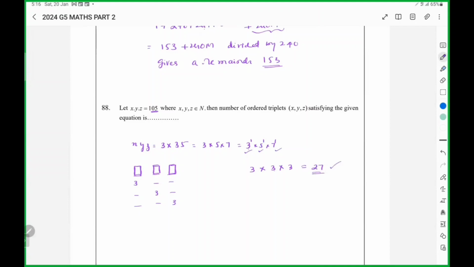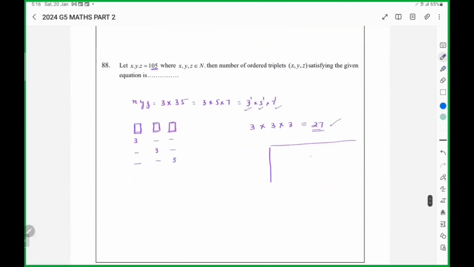In general, this is a guidance trick for solving other kinds of problems. Suppose instead of 105, XYZ is 5 square into 3, that is 75. How many solutions are there?